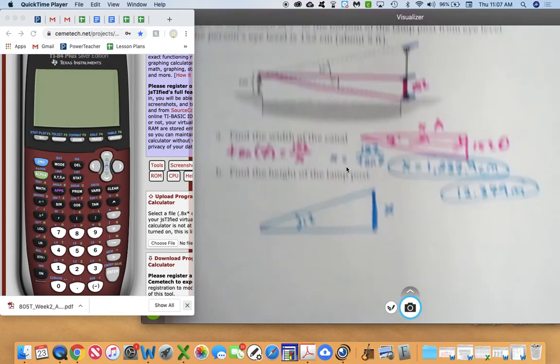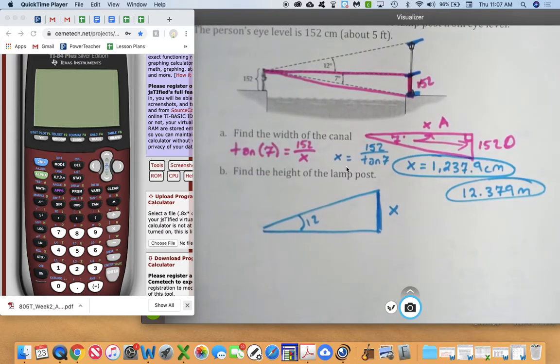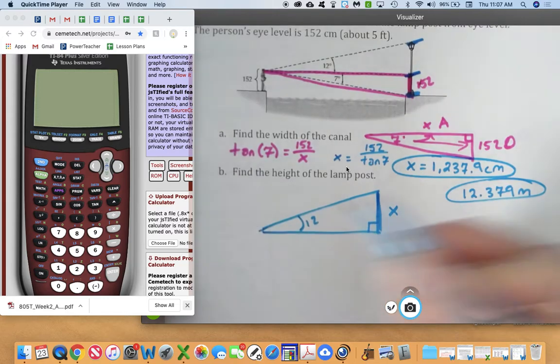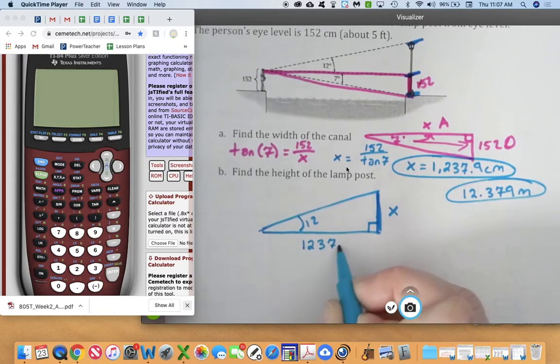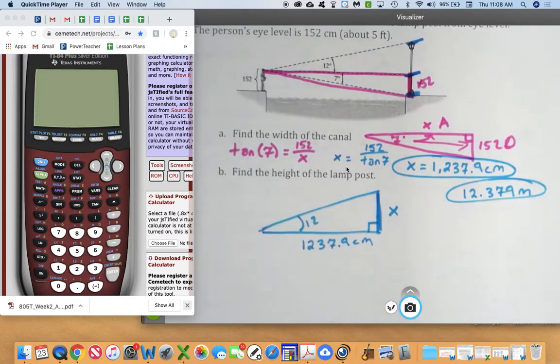There's a 90 degree angle right here. The other angle is 78, but we don't care about that. We know that this bottom side is 1237.9.